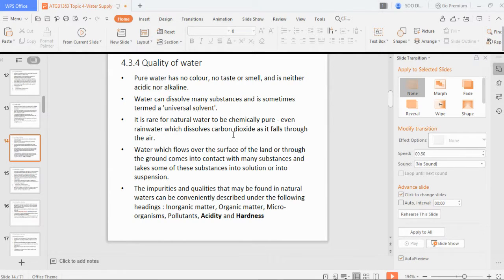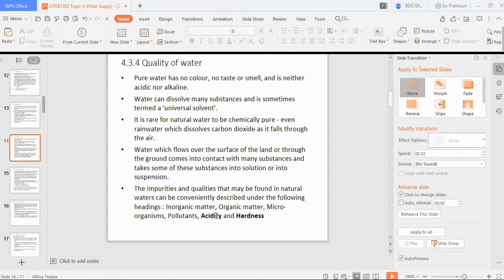So what we find in nature is impure. It will have a lot of material or chemicals in it. These chemicals are obtained sometimes from the air, such as carbon dioxide, or from the ground. Once it absorbs all these chemicals and minerals, the water actually becomes impure.